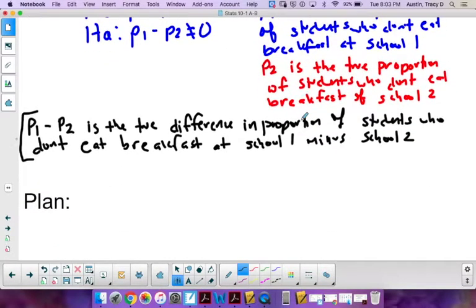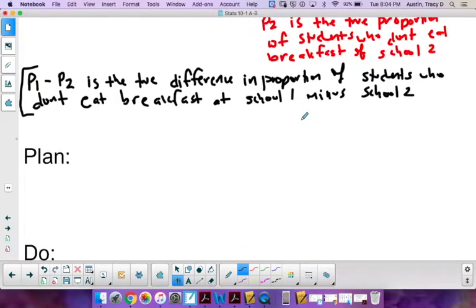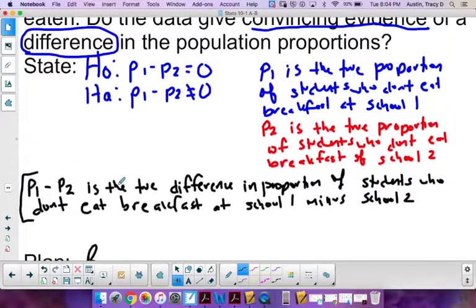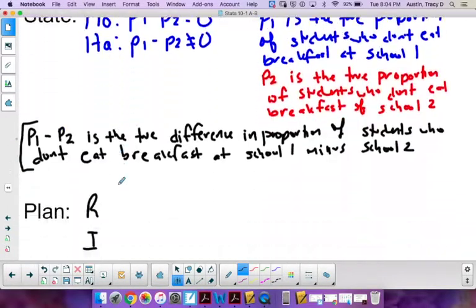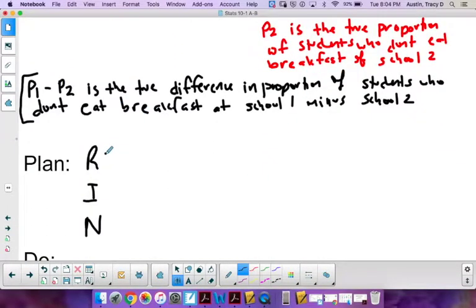All right, plan. Plan hasn't changed. It's still random, independent, normal. And the independence is 2 different times 10s, and the normal is all 4. So random. Yep, SRS given, so we're good on that. Okay, independent.